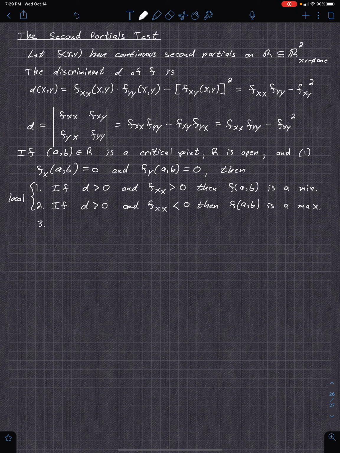Case 3: if the discriminant is less than 0, then f(a,b) is a saddle point.